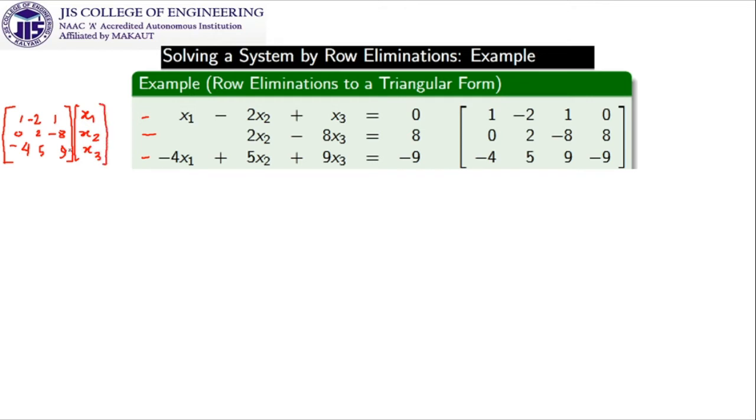Very good. AX is equal to B. What is your B now? It is 0, then 8, then minus 9. So this is the matrix form of the given equations, where I can claim it as AX equal to B.